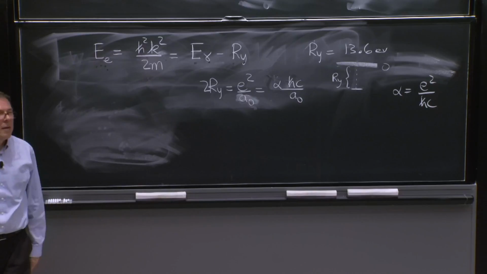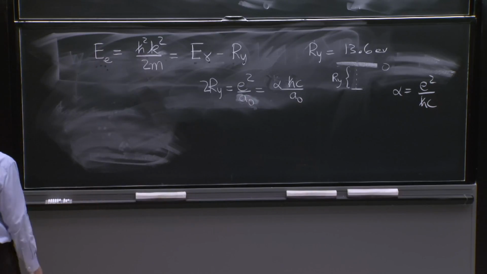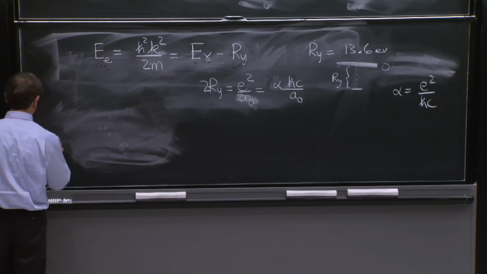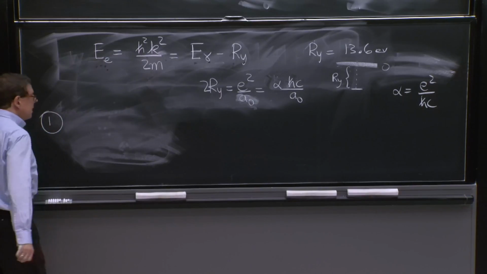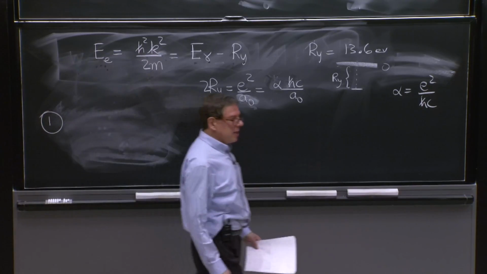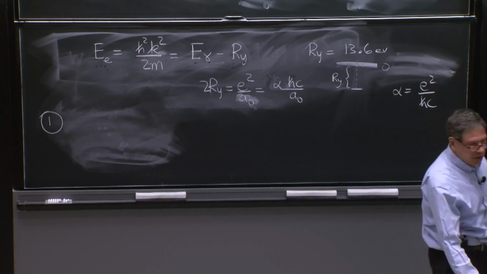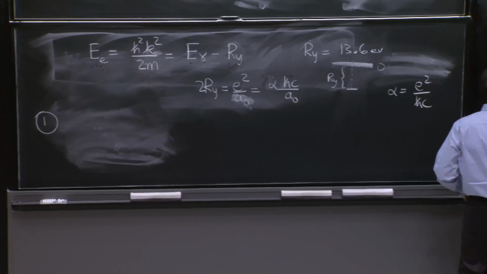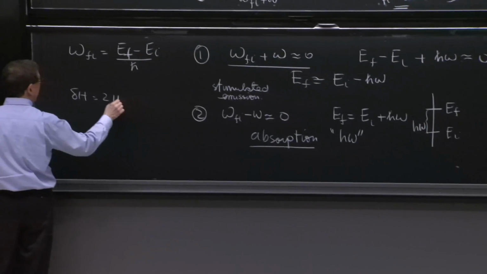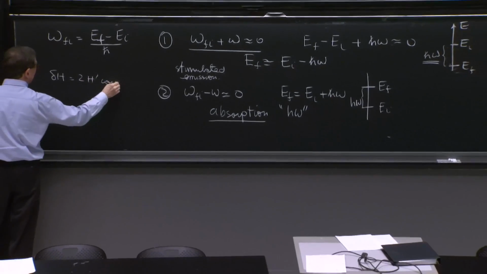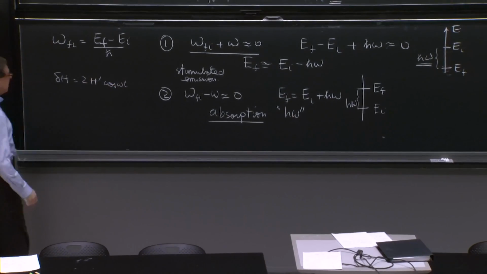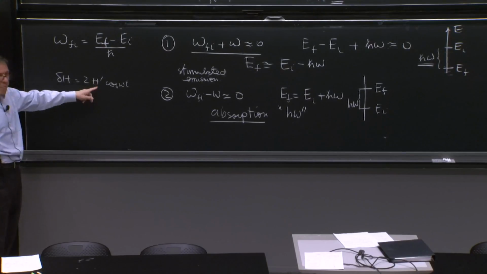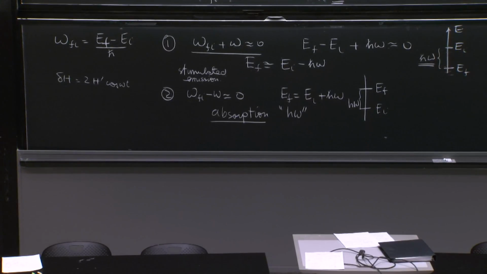Good. Okay, so conditions for our approximation. One: we're going to be using our harmonic variation. We said in our harmonic variation, the Hamiltonian delta H was 2H' cosine of omega t. And we want this H' to be simple enough.